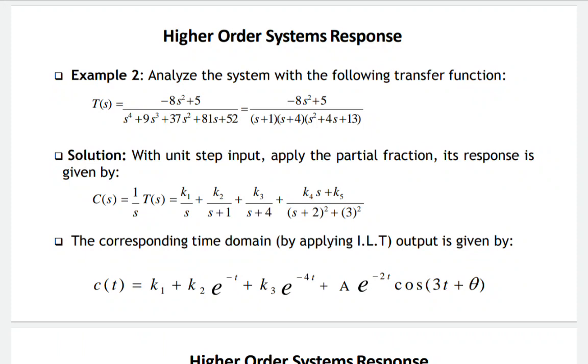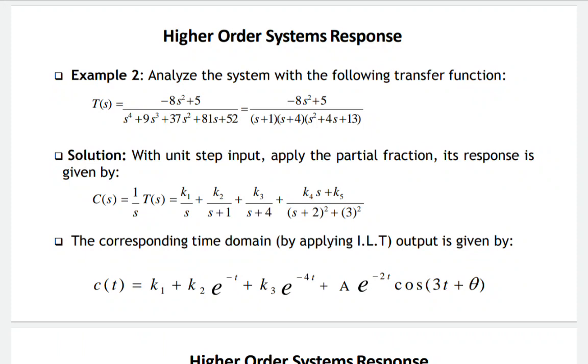That can be rewritten, after factorization, or partial fractions, or you can use one of the most sophisticated techniques, the calculus of residues. By which you get minus 8s square plus 5 divided by s plus 1 into s plus 4 into s square plus 4s plus 13.